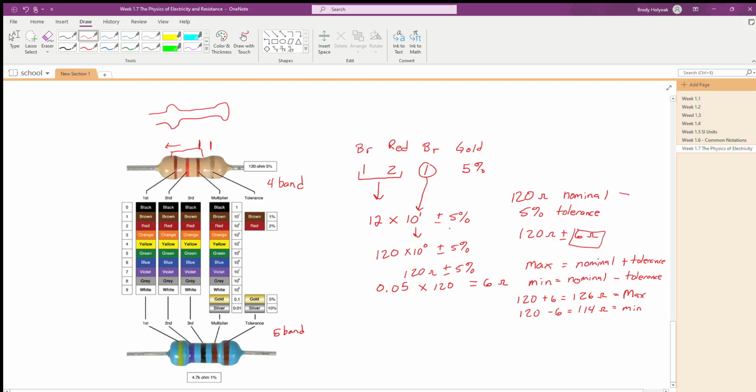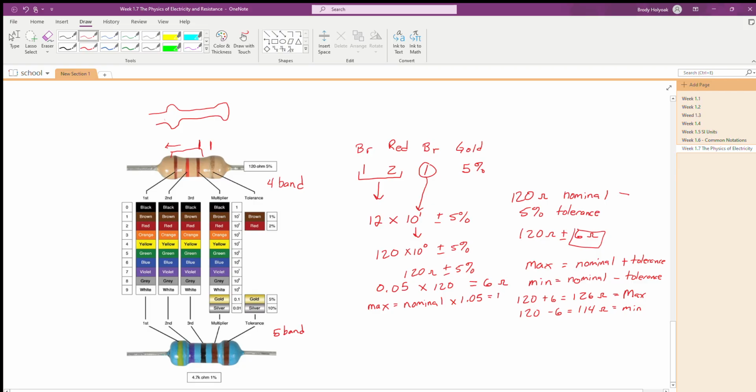So the other thing I can do if I want to find these mins and maxes without having to do these extra steps, I can solve it by my max going like this. I take my nominal and I incorporate my tolerance into my decimal to multiply it. So I multiply that by a 1.05 because my 0.05 was my tolerance. So I just add that to 1.